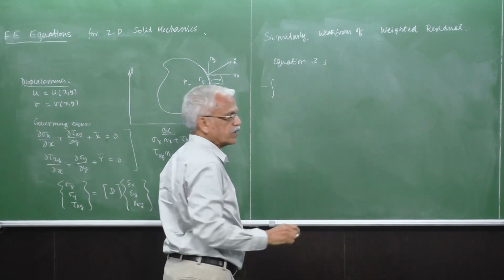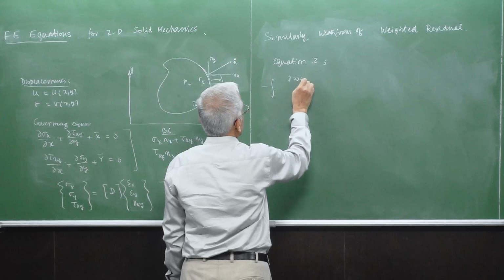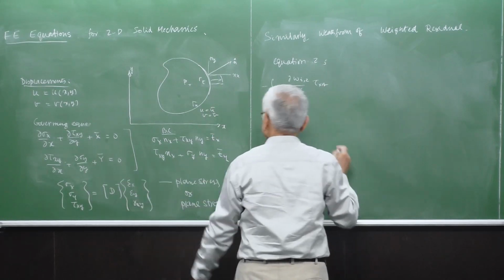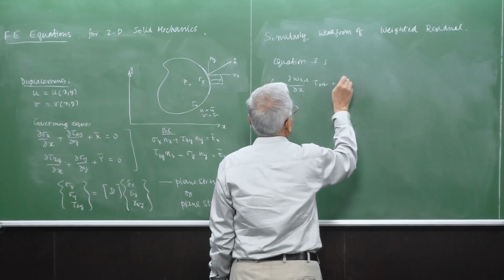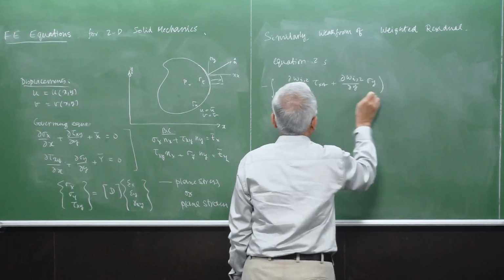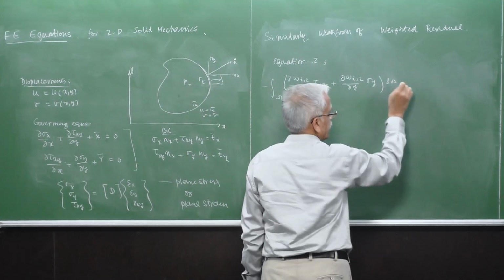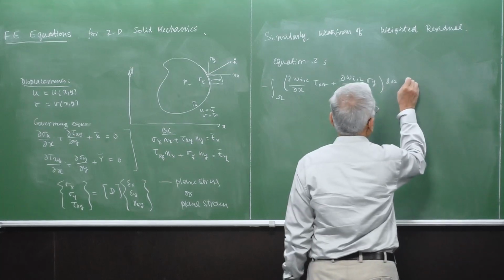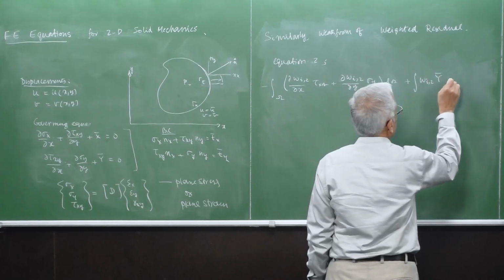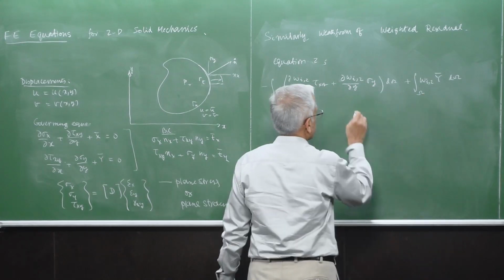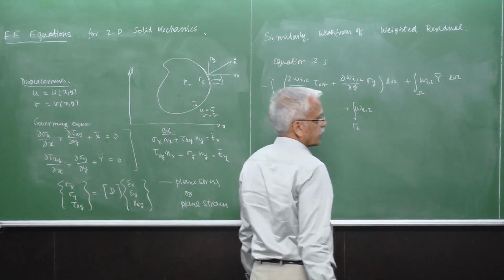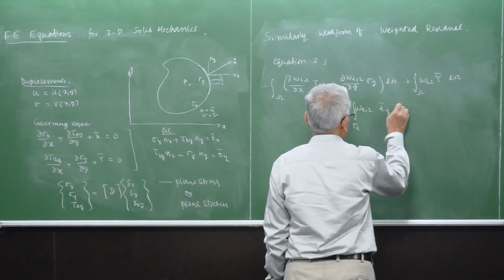We use wi comma 2 here, dou x of tau xy, and dou y of sigma y, plus wi comma 2 times the body force y bar, and wi comma 2 on gamma t of t bar y.